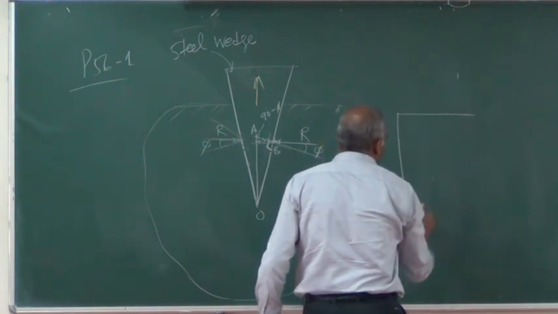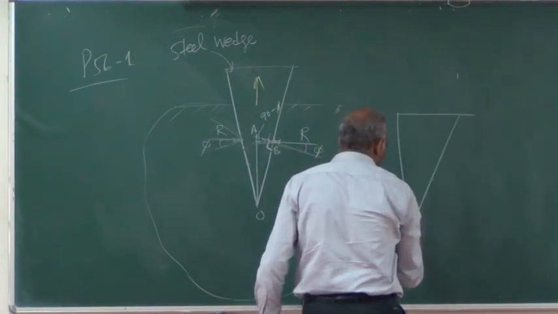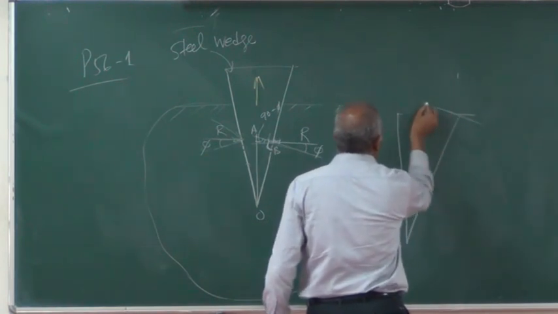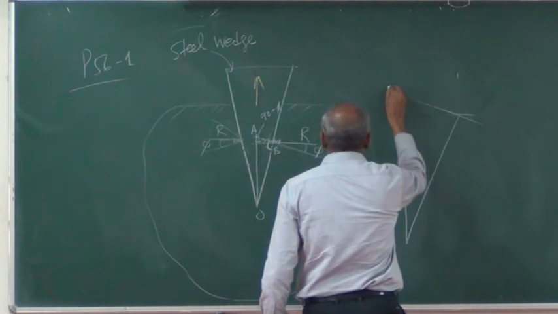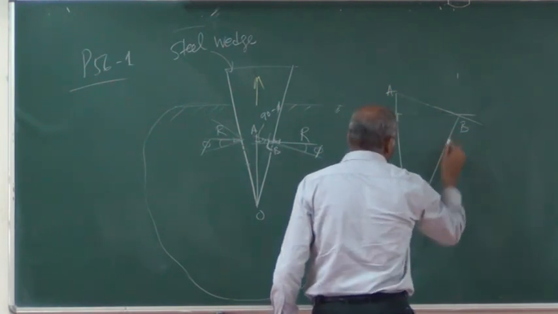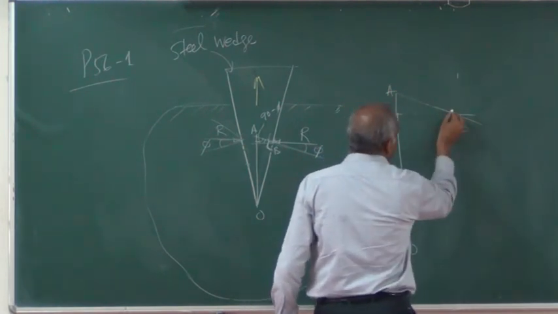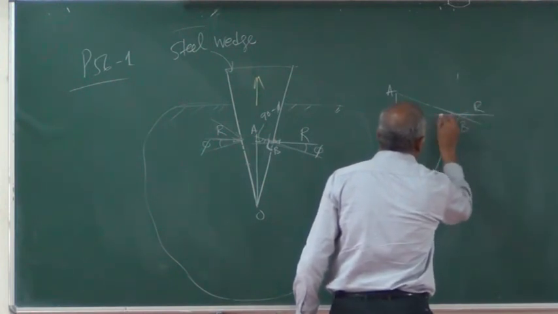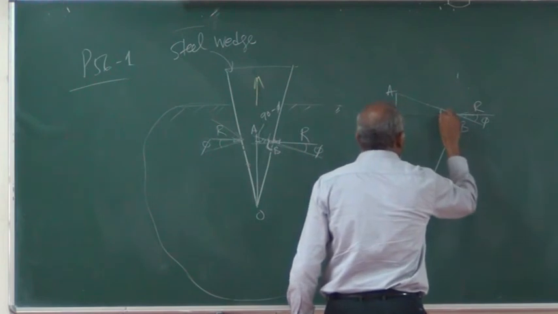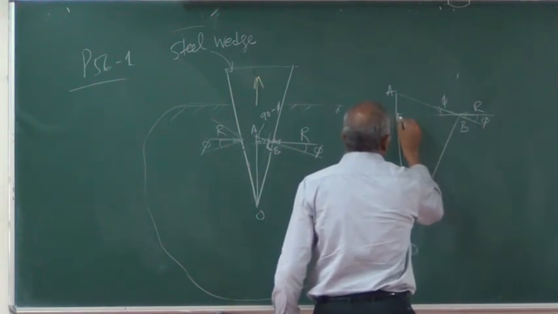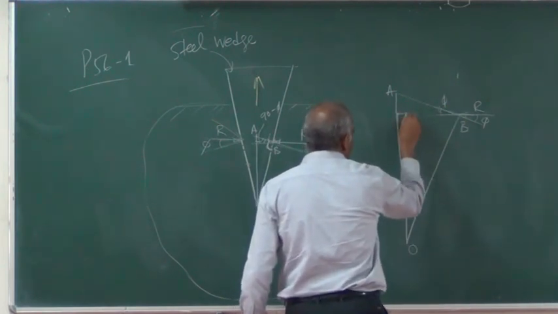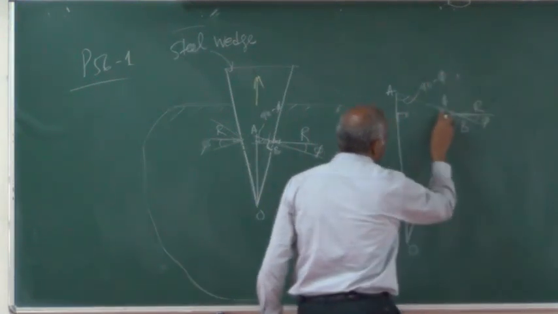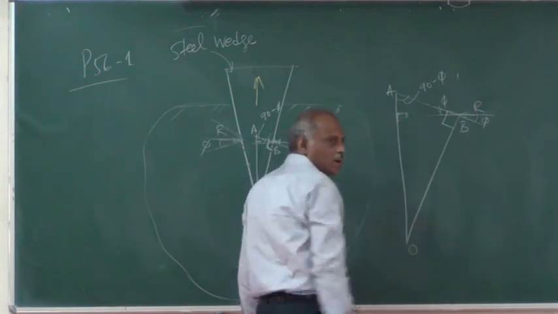If I make this triangle bigger like this, so this is my point A, this is point B, and this is O. So this is my reaction. So this is angle phi, this is angle phi. So this I can make, this is going to be 90 degrees. So this is going to be 90 minus phi, and this angle is phi.